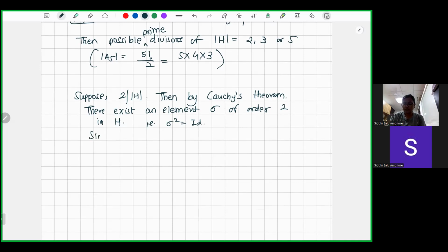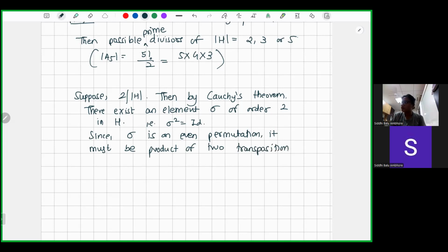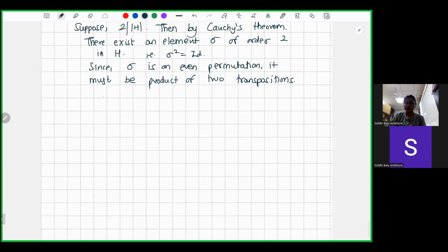Okay, so since sigma is an even permutation, it must be a product of two transpositions, right? So without loss of generality, let sigma be (1 2)(3 4).